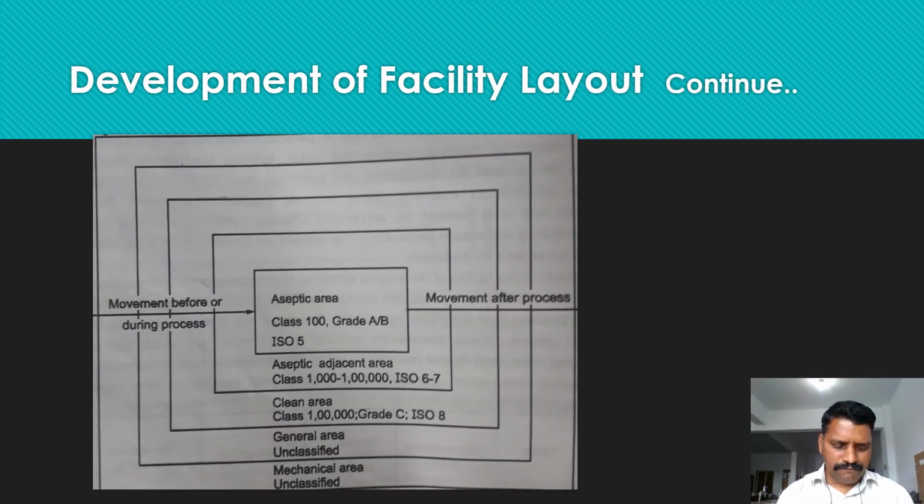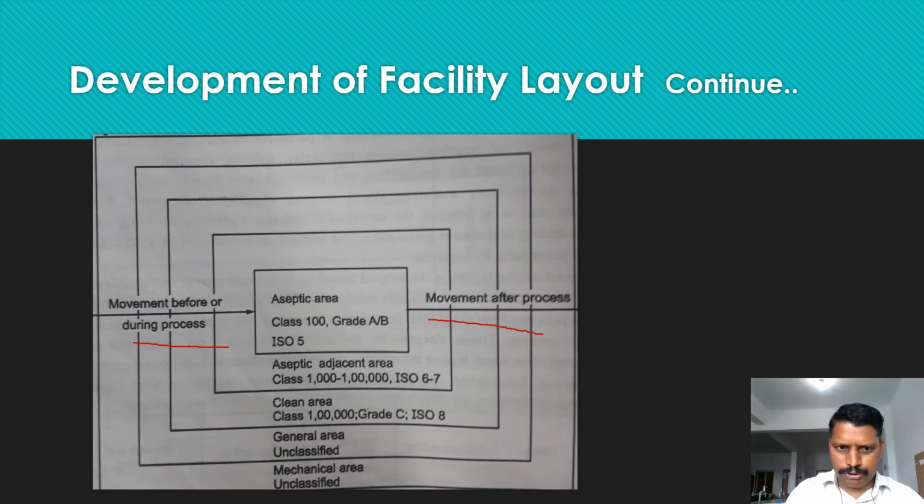So now this is the floor plan of a manufacturing unit of parenteral dosage form or sterile dosage form in pharma industries. You can see in the figure the movement before or during the process, during the manufacturing of sterile dosage form, and movement after the process.